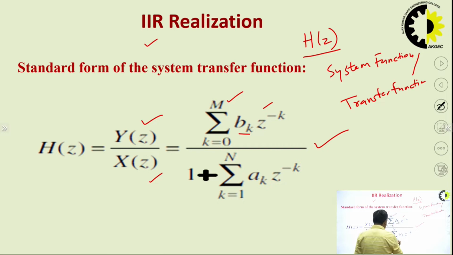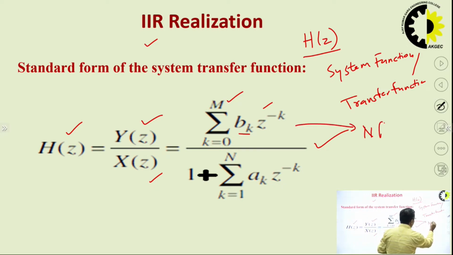And if I am going from 1 to N, a_k into z to the power minus k, it shows the past value of the output signal. So, always in the case of IIR, whenever H of z is given to you, the numerator part always shows the non-recursive term, which means the output depends upon the present value of input and past values. And the denominator part always shows the recursive term.